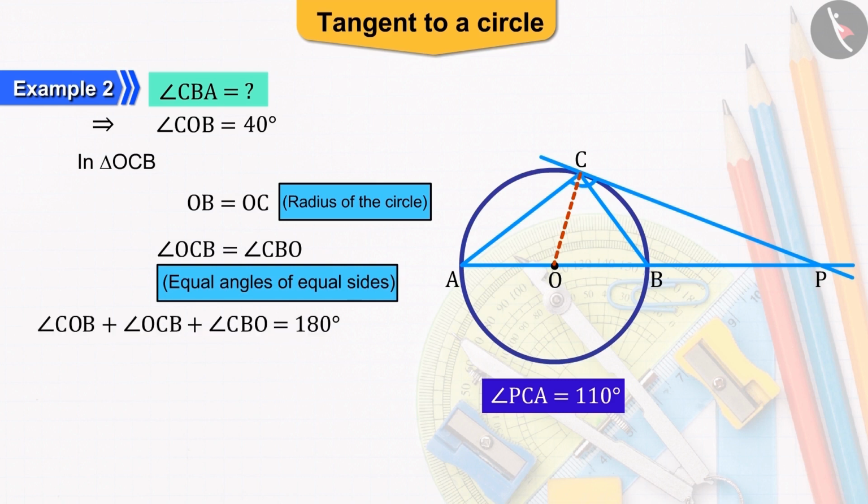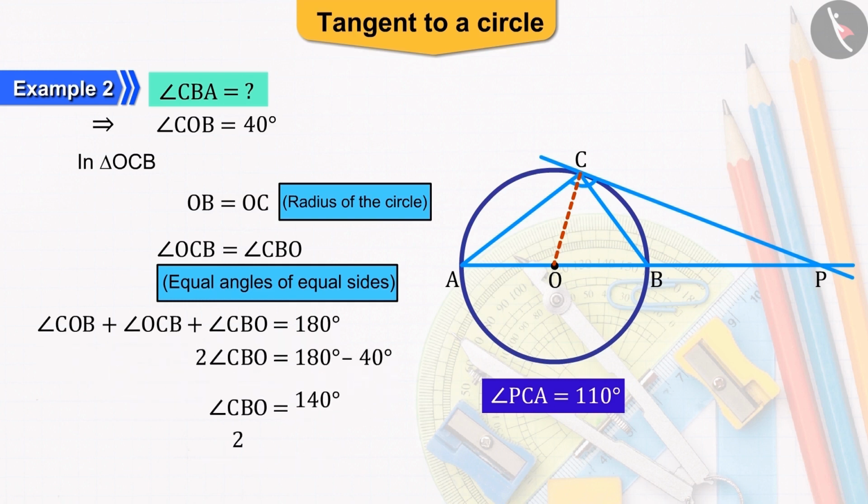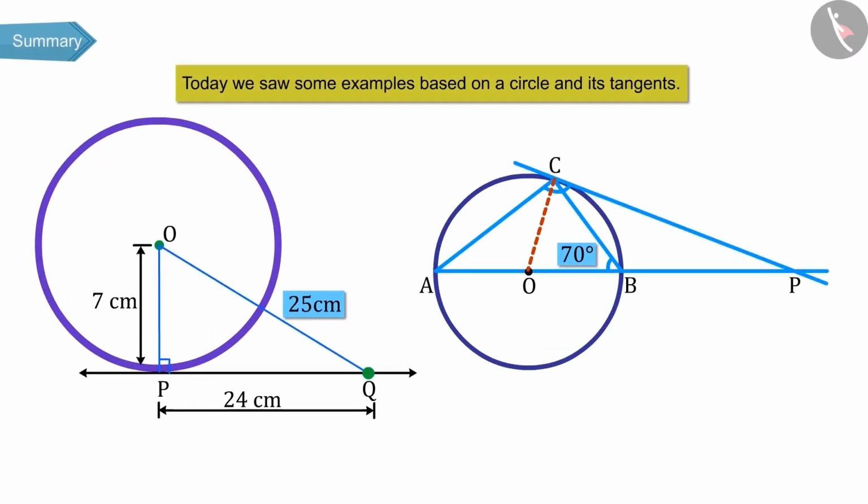The sum of all the angles of a triangle is 180 degrees. Due to which angle CBO equals to 70 degrees, which we can also write as angle CBA. Today we saw some examples based on a circle and its tangents.